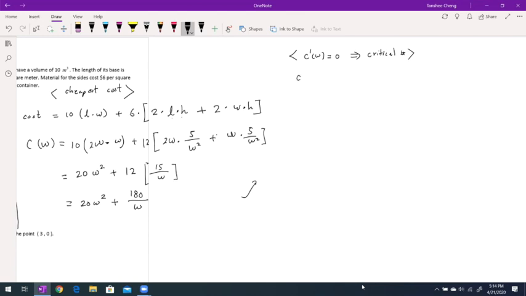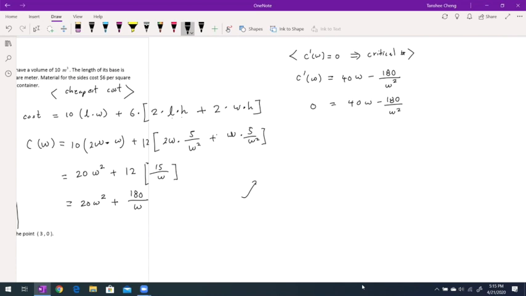Taking the derivative of this cost function gives me 40W minus 180 over W squared.